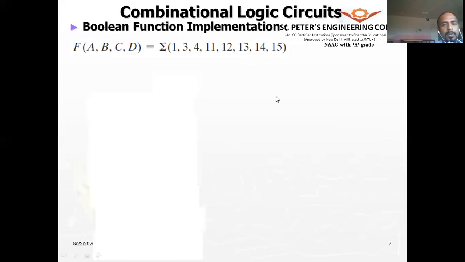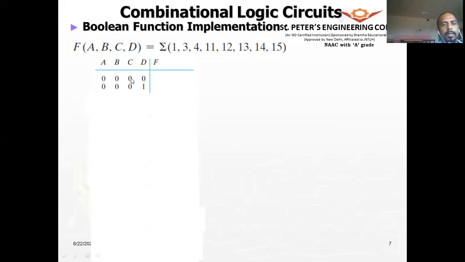Now let us look through the table. Since we want the function value to be 1 for M1, we have to give f equal to d.